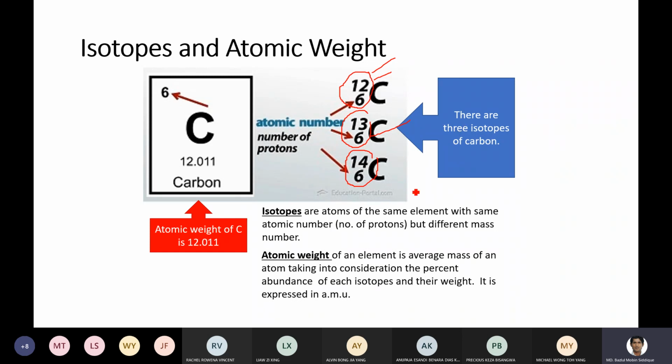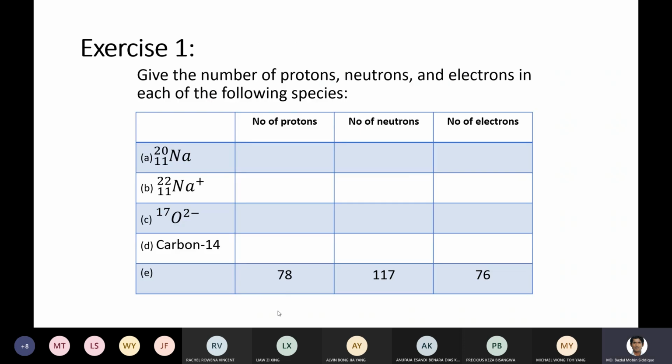All right. Now we go to a table here, and this should be very similar, I hope, or familiar to you. Now let's try to fill it up. I will not do all of this, but just explain a bit. So here for sodium, Na, that is 11, we understand that this is the number of protons, right?